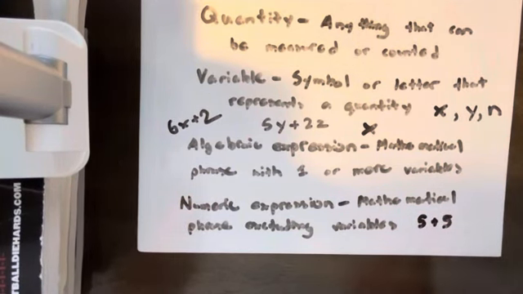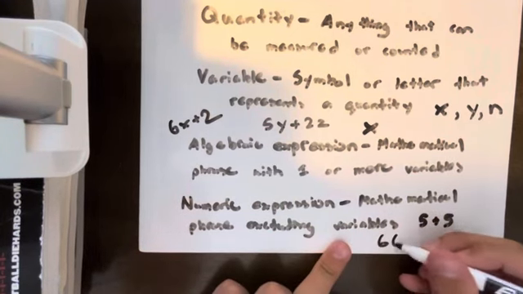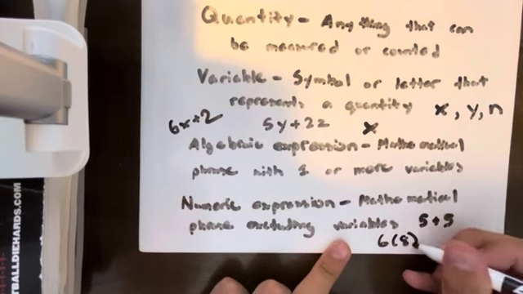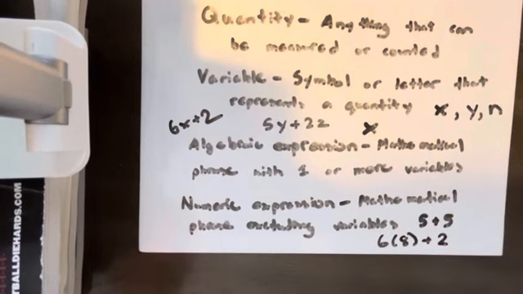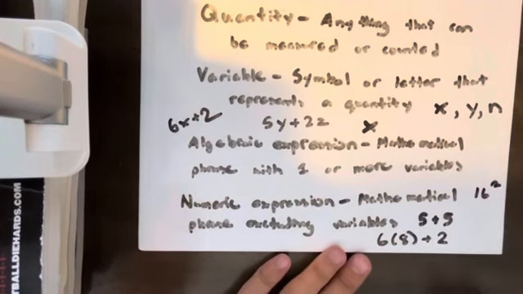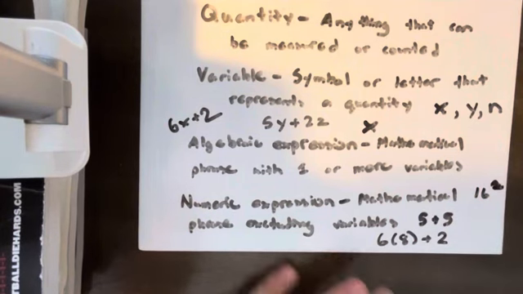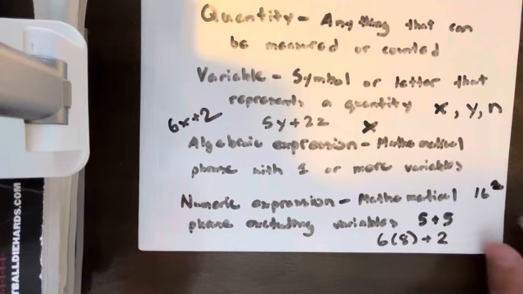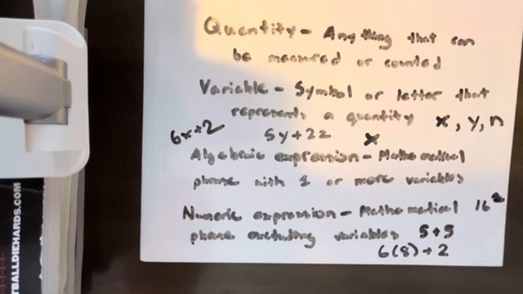That is a numeric expression. 6 times 8 plus 2. Numeric expression. 16 squared. That's a numeric expression. Those are the 4 vocabulary terms you're going to need to know.